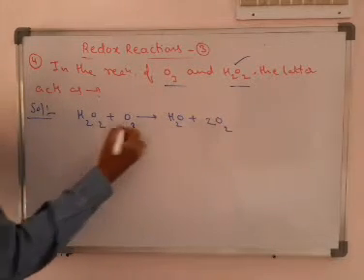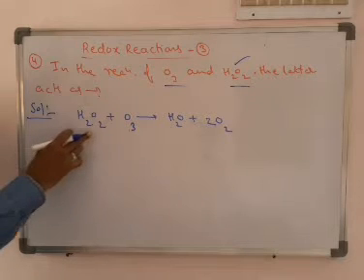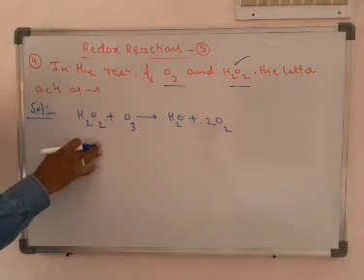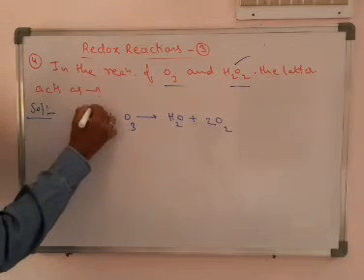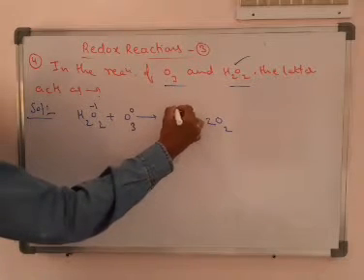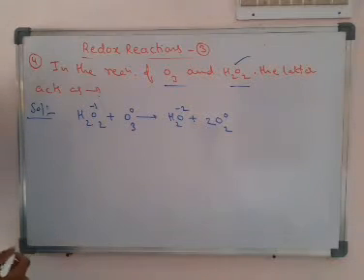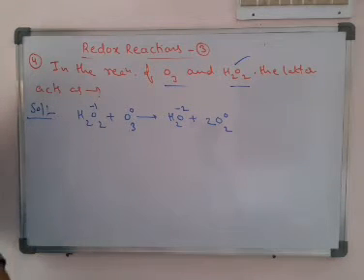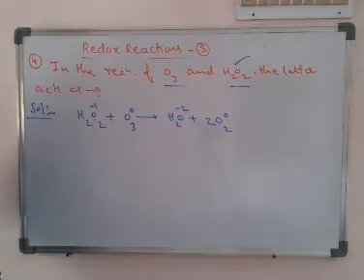On balancing, we will get 2 hydrogens and 5 oxygens in total. Here the oxidation number of oxygen is -1, here it is 0, here it is -2, and here also the oxidation number of oxygen is 0. If you observe all terms, we can say here H2O2 works as a reducing agent.